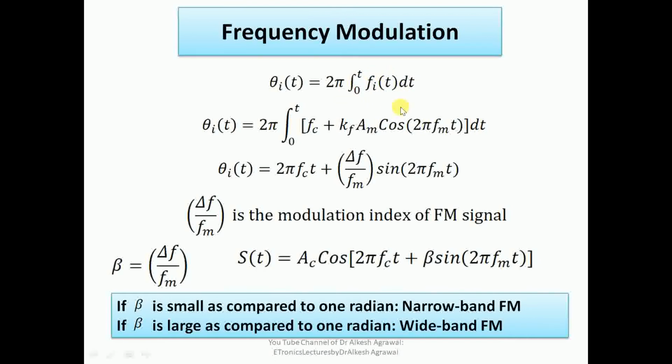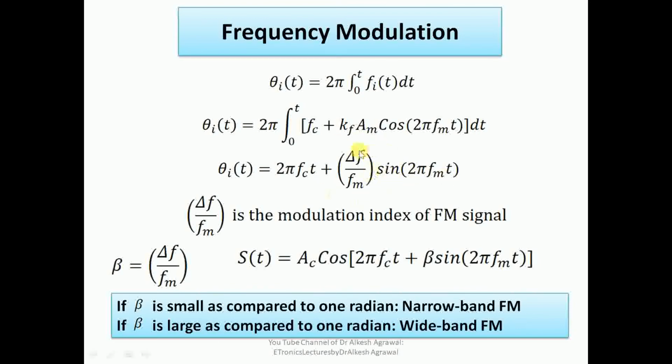If we put the value of fi(t), which is fc + kf Am cos 2πfmt, integrating we get θi(t) = 2πfct plus kf Am upon 2πfm. The 2π factor will nullify, so what we get is kf Am, which is termed Δf, upon fm. The cosine changes into its sinusoidal form, sin 2πfmt.